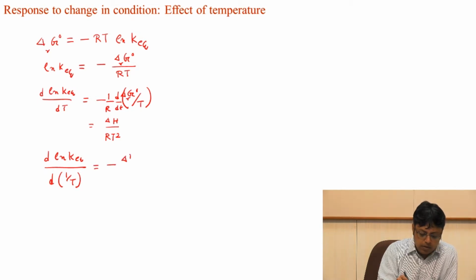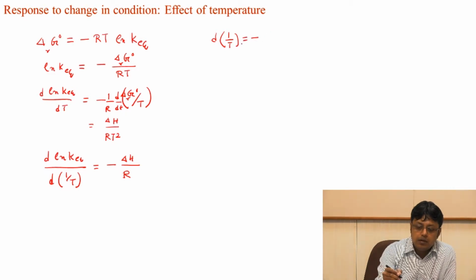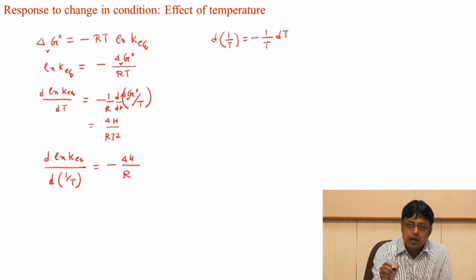Now you can easily figure out what this quantity is. d of 1 over T is nothing but minus 1 over T square times the differential of T, so that will be dT by minus 1 over T.